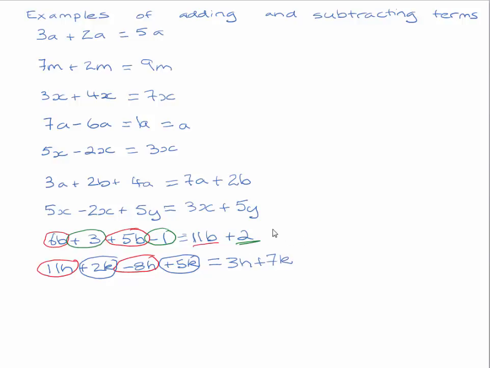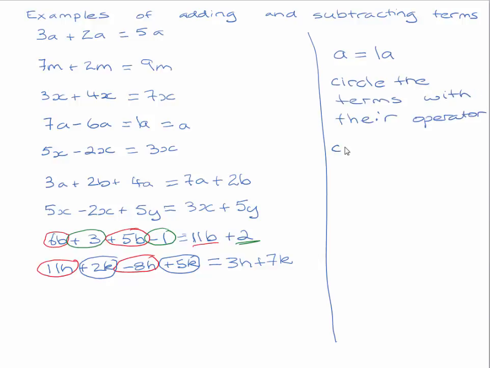So just to recap, let's give ourselves some reminders. When we have a letter on its own, it's the same as one of those. So A and 1A are the same. It's a good idea to circle the terms with their operator.